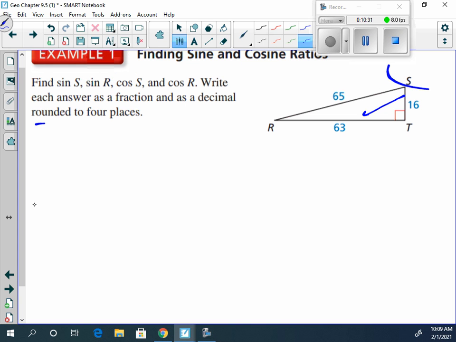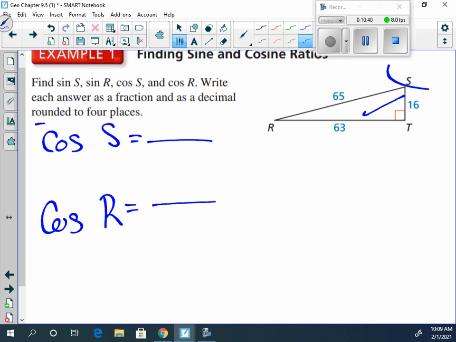Now we need to find the same thing for cosine of S and cosine of R. Okay, what is cosine? Is what over what? Adjacent over the hypotenuse. Now, what's the adjacent side for angle S? It's 16, because it's the side right next to it.